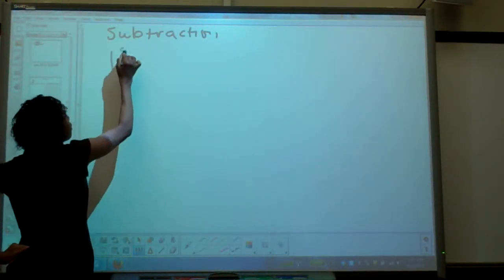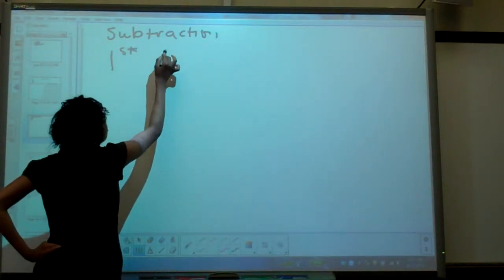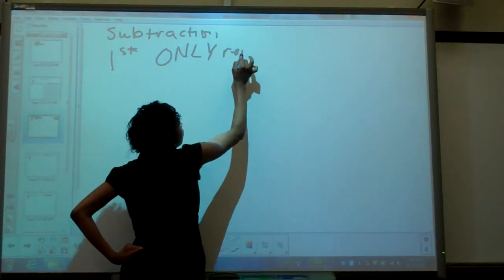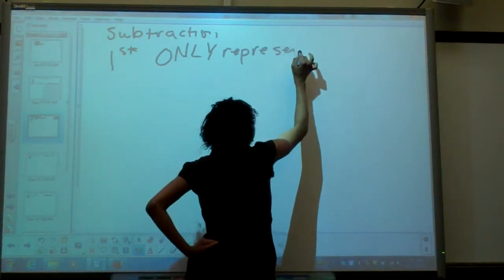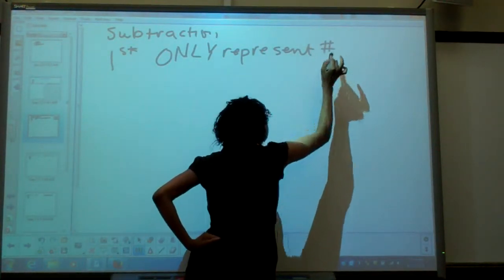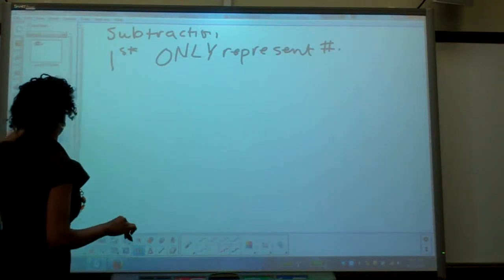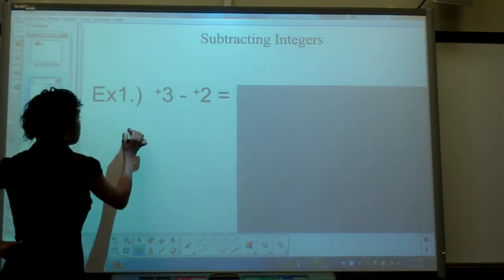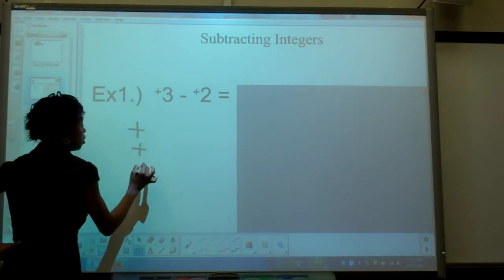This one first, you're going to only represent the first number. So let's only represent the first number here with the positive 3. Positive 3 is 1, 2, 3.